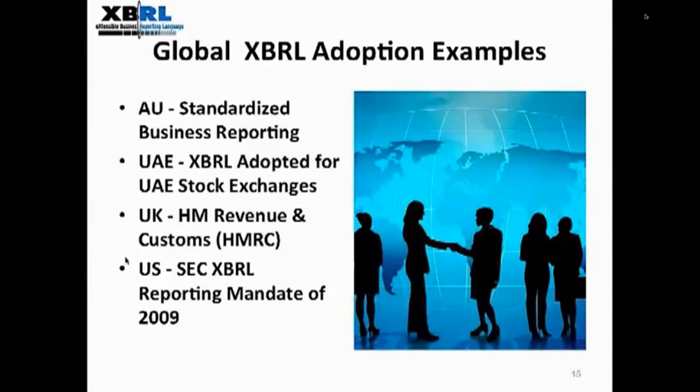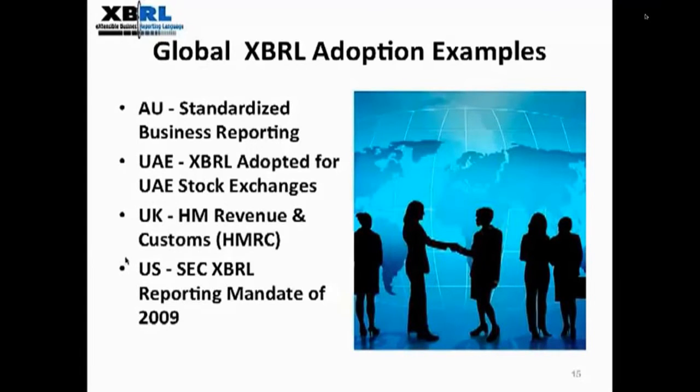So a filer in Australia simply enters the information once, and then the reports are automatically populated for the agencies who are cooperating under this voluntary program. The UAE recently adopted XBRL for the UAE stock exchanges, and that becomes effective in 2013. And interestingly, they're using an Arabic taxonomy for that implementation.